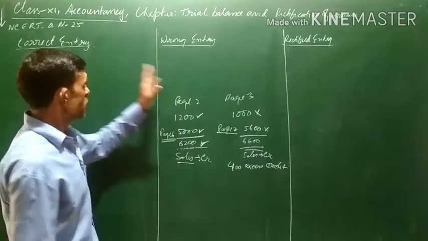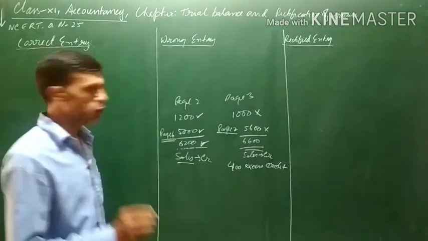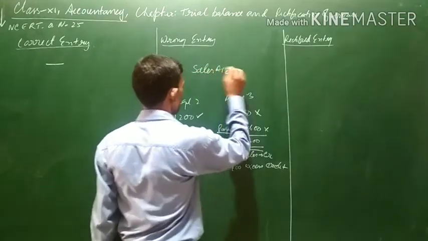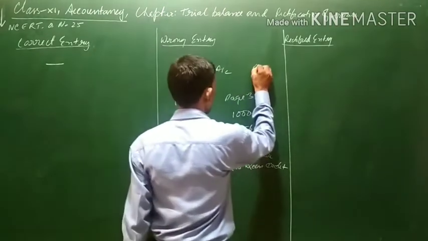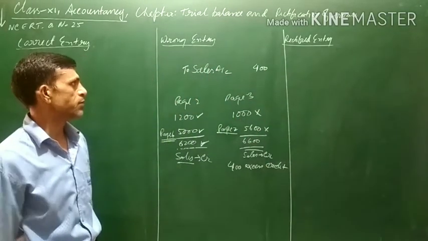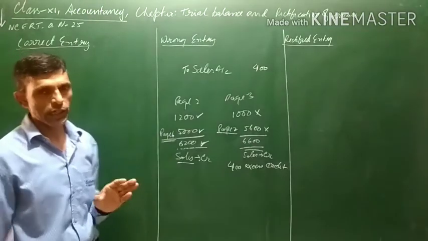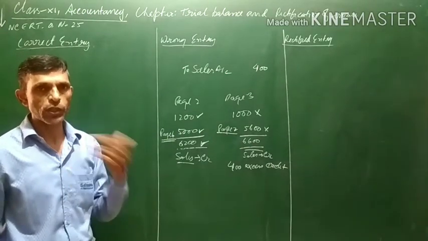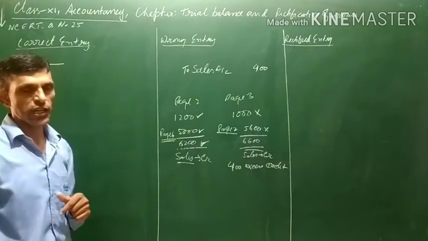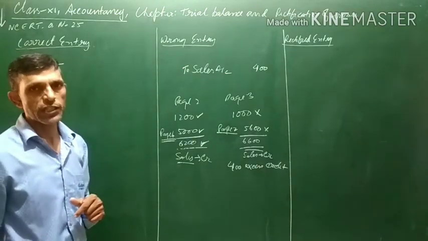But the correct entry, in the wrong entry, you can write sales account to sales account 400. This 400 extra credit has been recorded. We are not writing the correct entry because we do not know the total amount of sales and to whom the sales has been made.